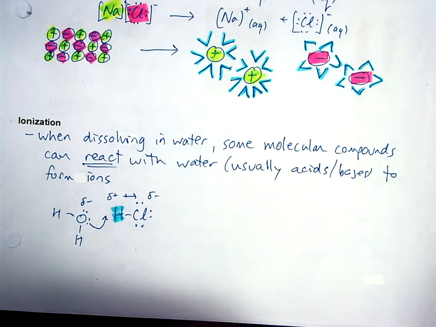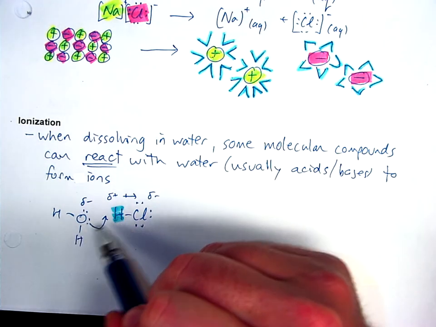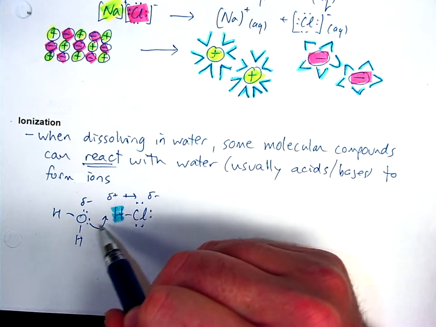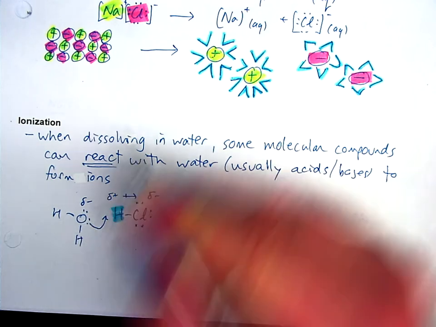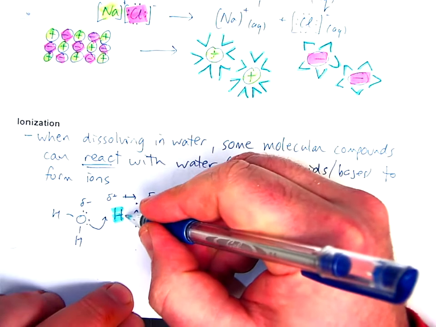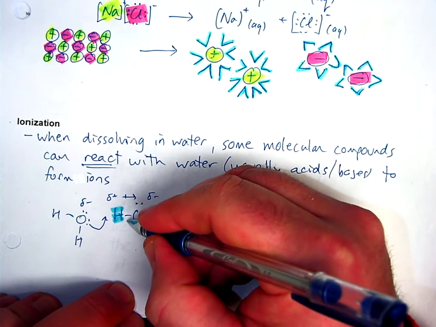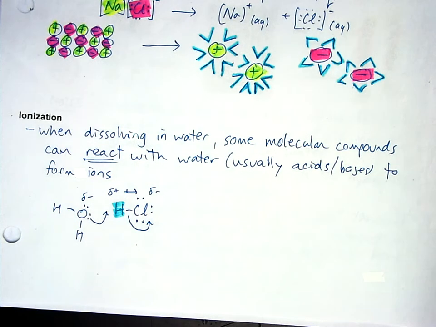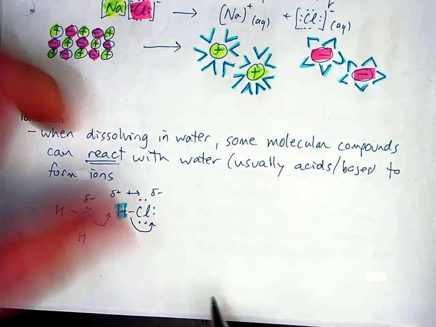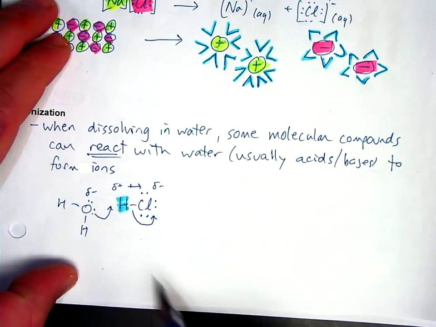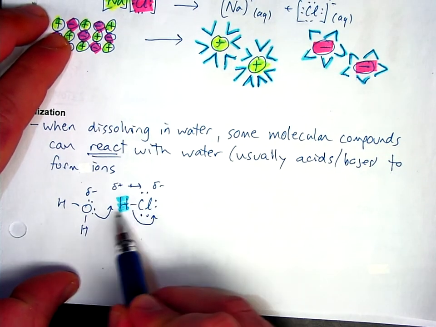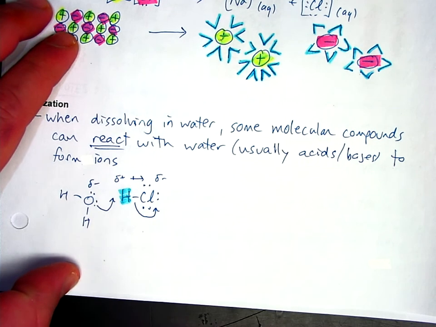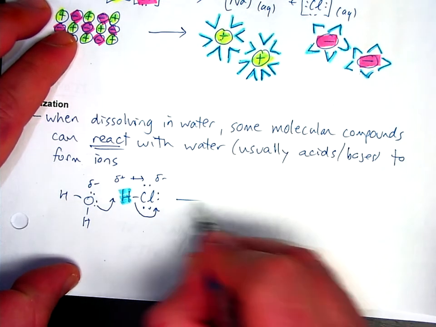So if we start forming a bond between oxygen and hydrogen, we're going to break this bond between the hydrogen and the chlorine. There's a little bit of a battle between these two parts of the molecule. And in this case, quite a lot of these molecules will actually undergo this ionization process.